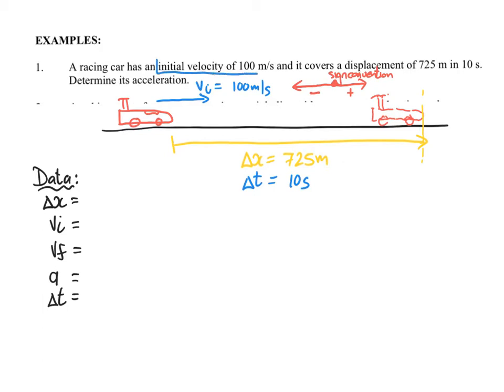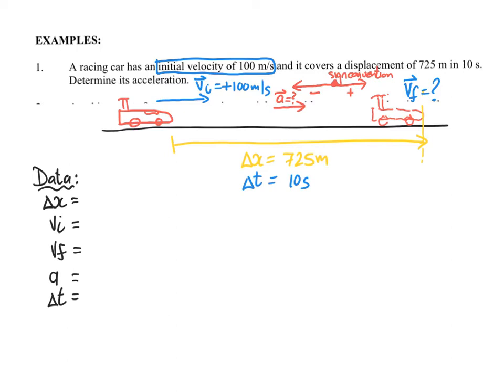And because velocity is a vector quantity, we do well to assign a positive or negative sign to it. So because it's traveling in the positive direction, I am explicitly going to put a plus sign in there. We do not know what the final velocity is going to be. We do not know what the acceleration is. And we're going to have to find that out.